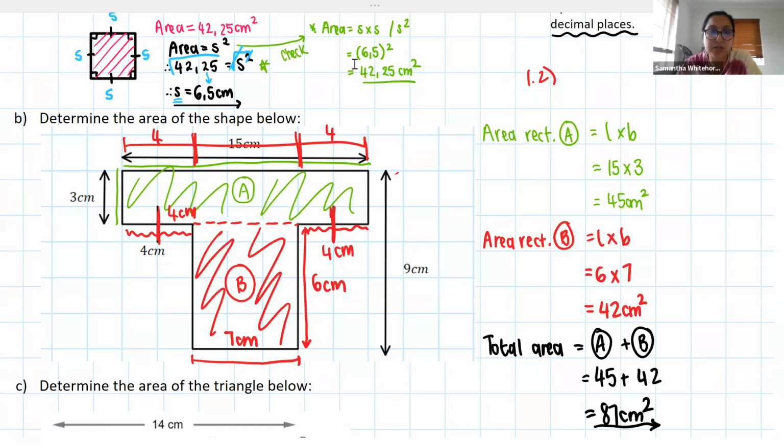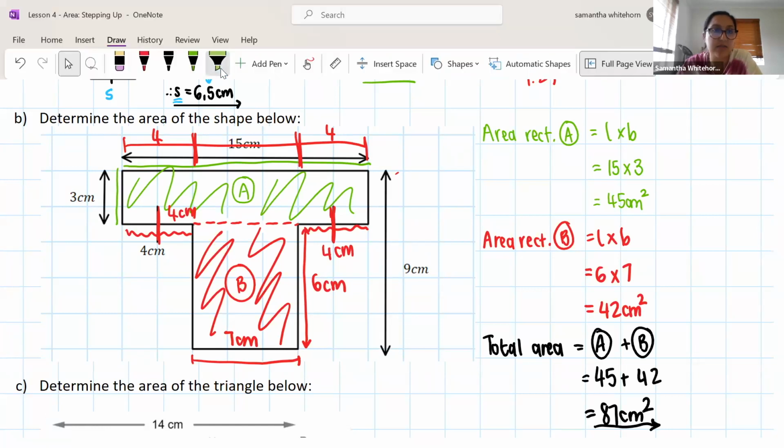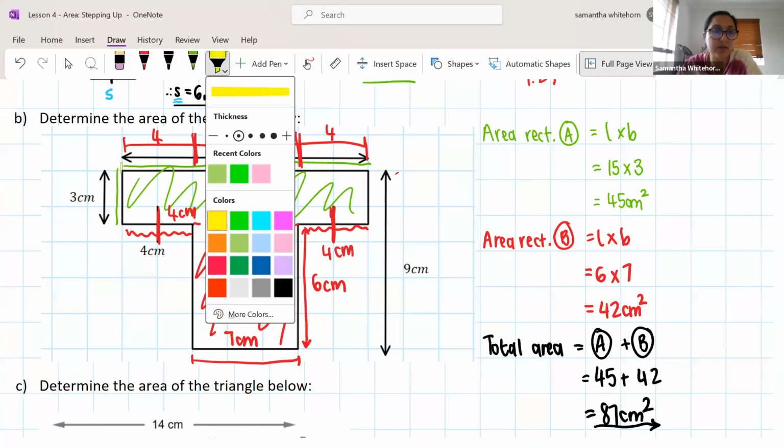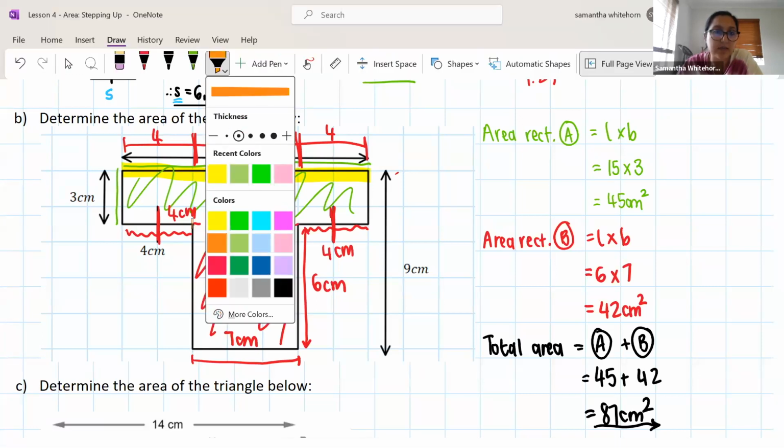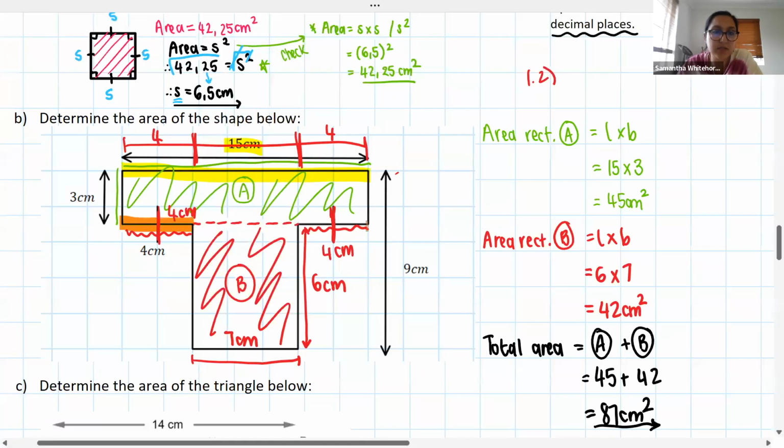There's a question on the chat of, can I please explain how I got the 7? Absolutely. If we have a look here, this whole top length is 15 centimeters. I have also been told that this overhang is 4 centimeters and it's the same on both sides. So if I know that this portion is 4 and this portion is 4, I need to figure out what I'm missing in the middle.